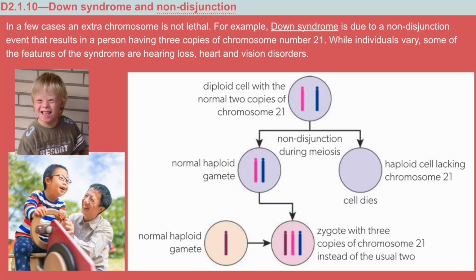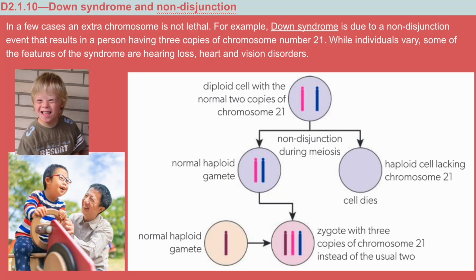For example, Down syndrome is due to non-disjunction, where that person has 3 copies instead of 2 of chromosome number 21. And so here we can see non-disjunction happening. Both chromosomes went to one gamete, and so when that gamete combined with another gamete, we end up with 3 instead of the usual 2.